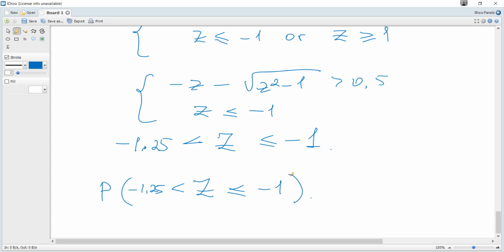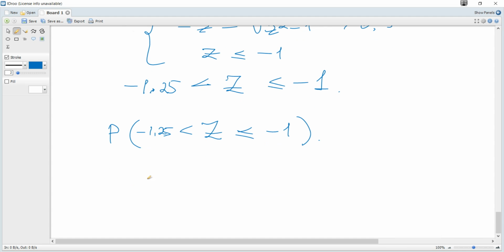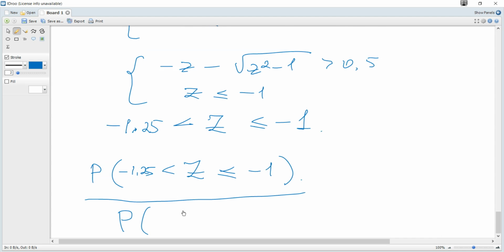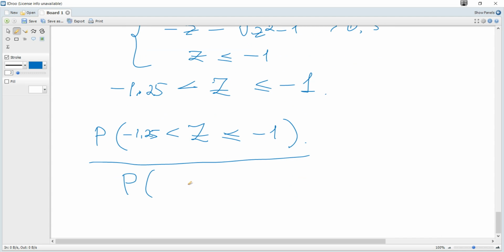At the same time, since it's given, it's a conditional probability, according to the formula for conditional probability, this must be divided by the probability of the given, that there are two x-intercepts, and this condition that z squared minus 1 is greater than or equal to 0, or z is less than or equal to negative 1, or z is greater than or equal to 1.